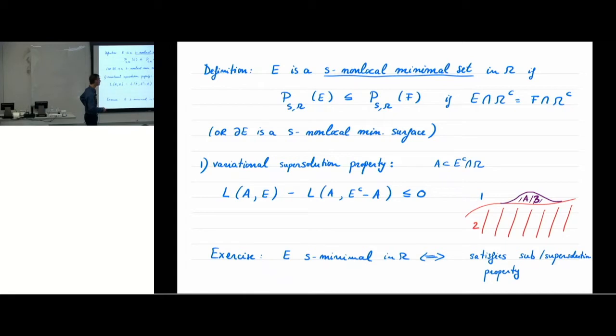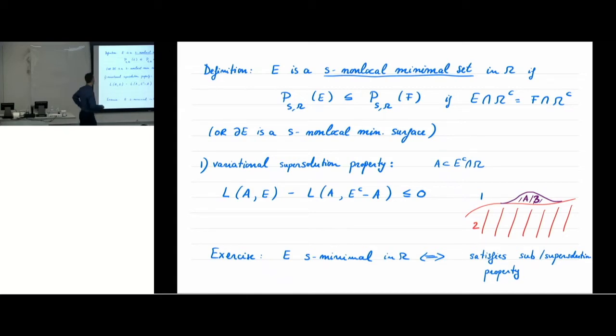But I'm also subtracting something that was there before, right? Before I was interacting 3 with 2 because 3 was in the complement. Now it's no longer in the complement. So I'm taking away the contributions of region 3 with region 2. So what does it mean that I'm minimal?